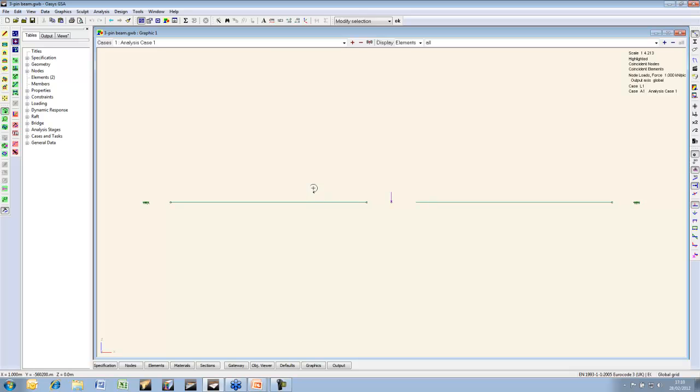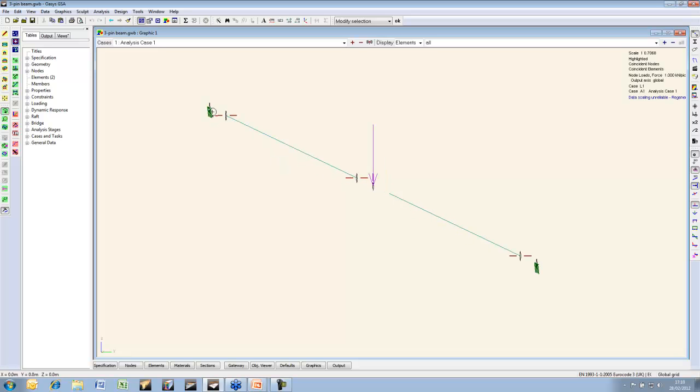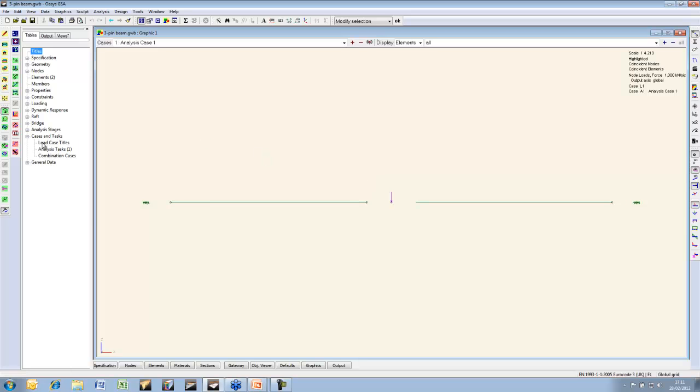Now, the thing about this beam is that, as you can see, it's a two element beam with pins at the ends and in the middle, which means that, of course, it won't solve.